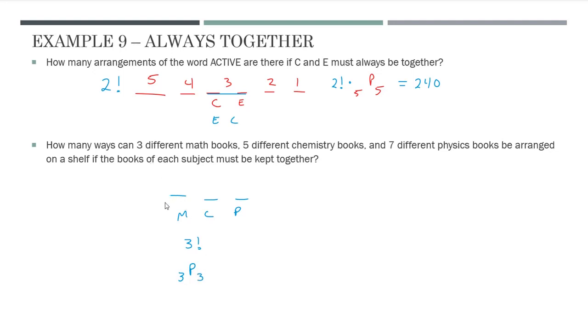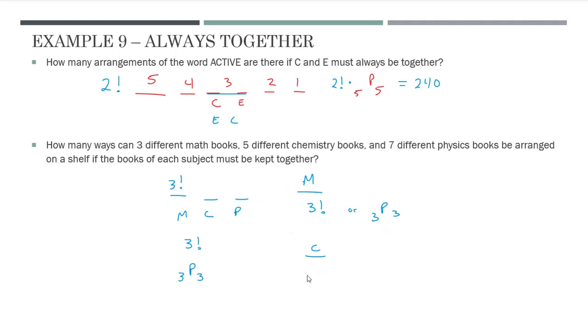Now the key though is inside of each of these. So for the math textbooks, we could have 3 different ways. So for math, we've got 3 factorial, or 3 pick 3. For chemistry, it's the same thing. So inside of each of these, here this would be 3 factorial.